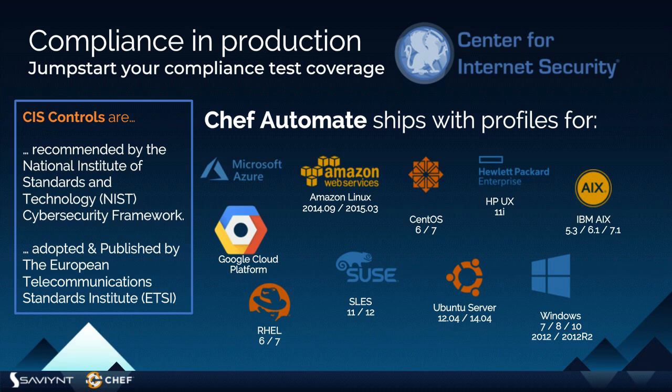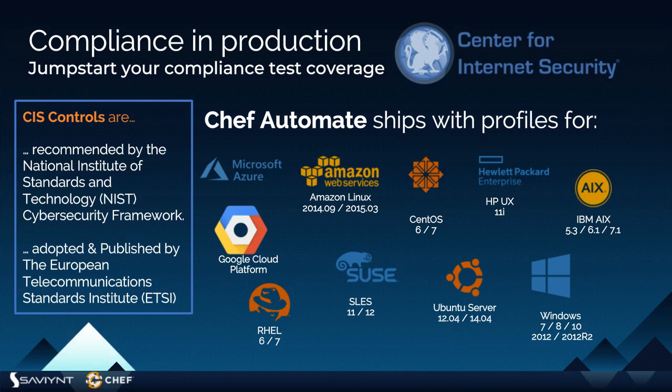In particular, we ship with CIS, or Center for Internet Security, baselines for a variety of operating systems as well as cloud platforms. So if you're not familiar with CIS, they're a generalized security control system that's recognized by a number of industry standards.